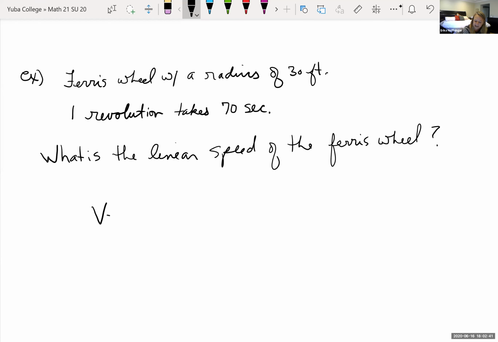Okay, so v is equal to s all over t, or s is r times theta all over t. Well, if you're making one full revolution, how many radians is that?